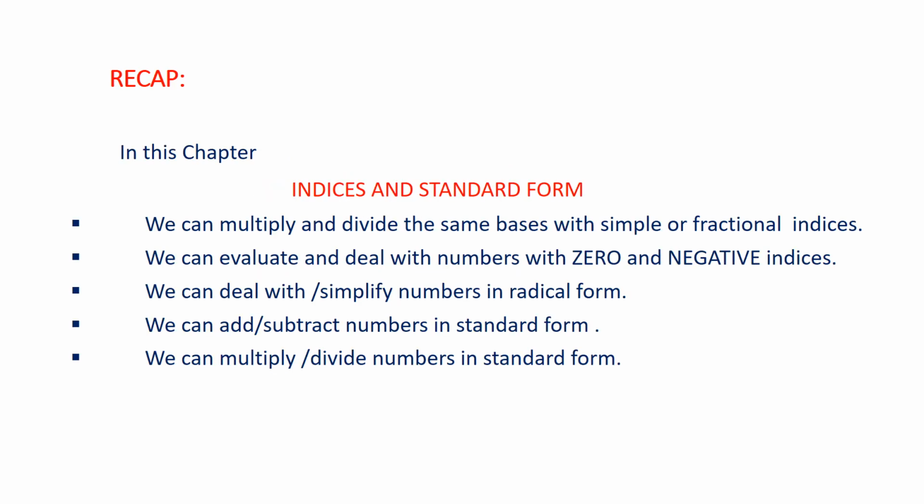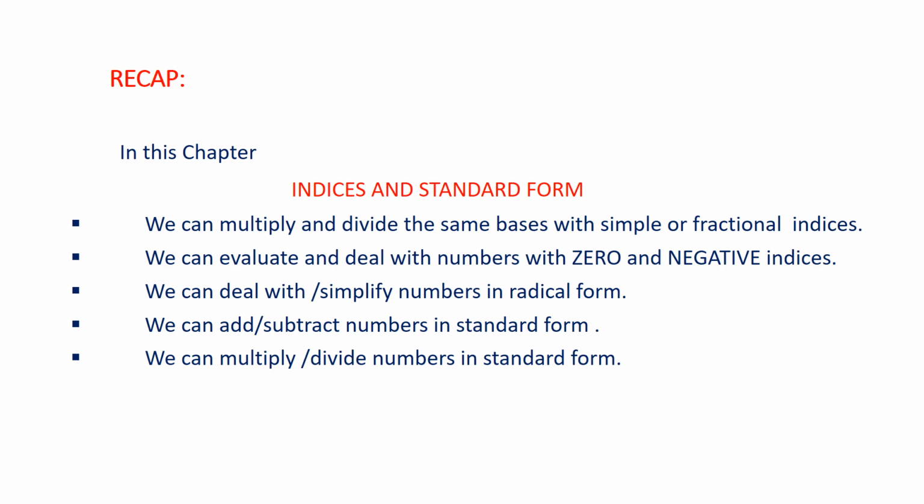Recap. In this chapter, indices and standard form, we can multiply and divide the same bases with simple or fractional indices. We have learned this, we are just revising the main ideas again. We can evaluate and deal with numbers with zero and negative indices. Yes, we have learned these rules.